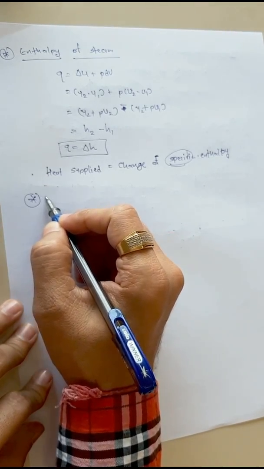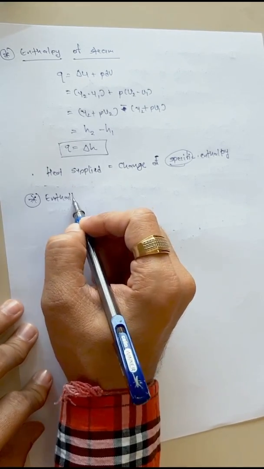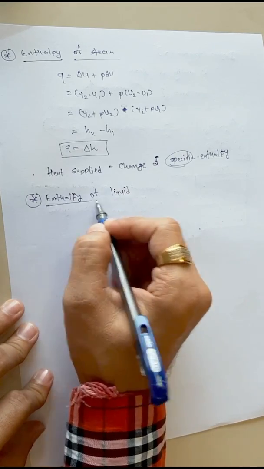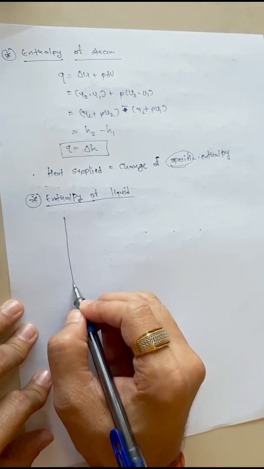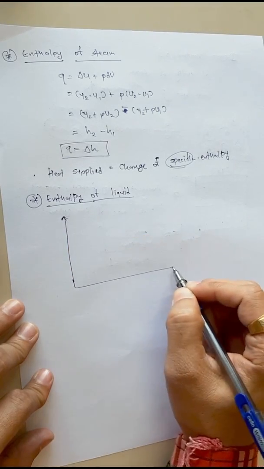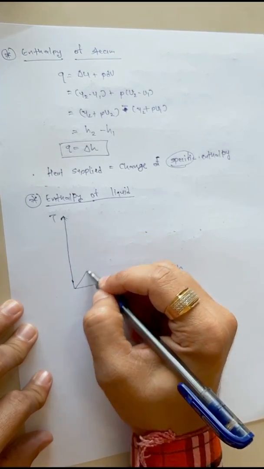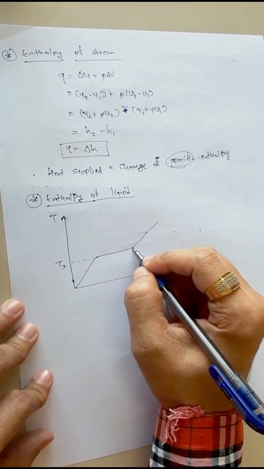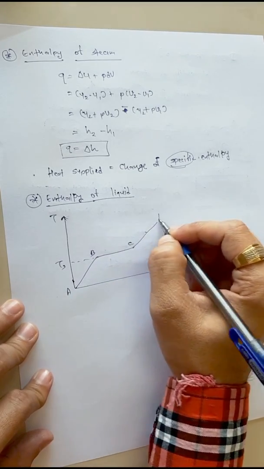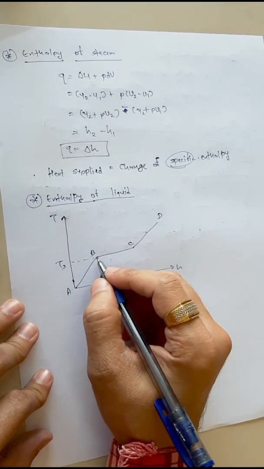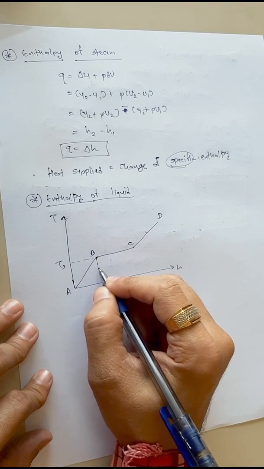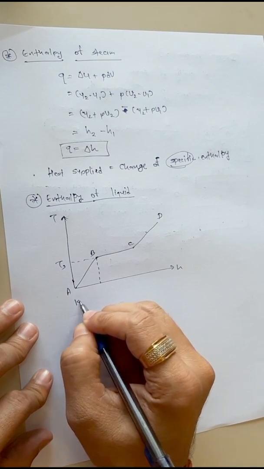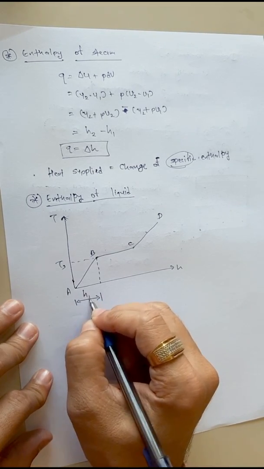Another term is enthalpy of liquid. In the T-H plot, if you recreate the T-H plot here, with saturation temperature and points A, B, C and D, liquid was present in the system, saturated liquid, up to point B. So that is the enthalpy of liquid.